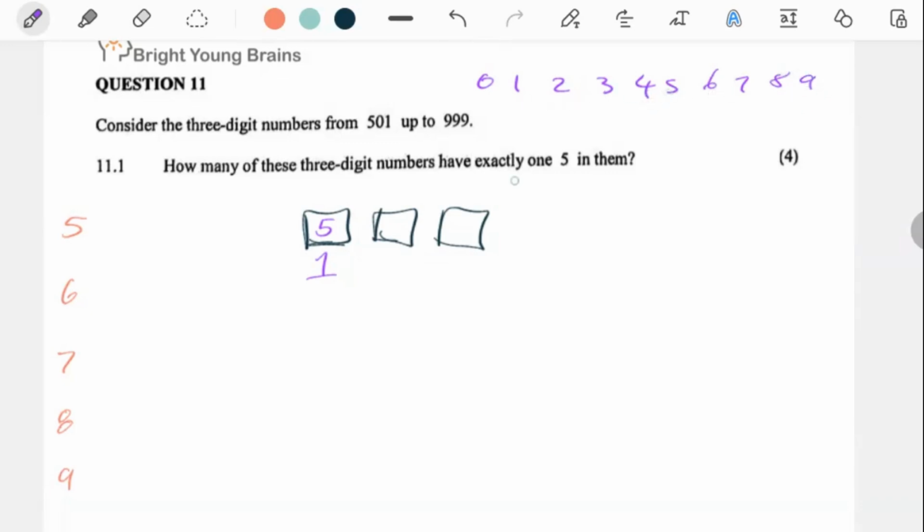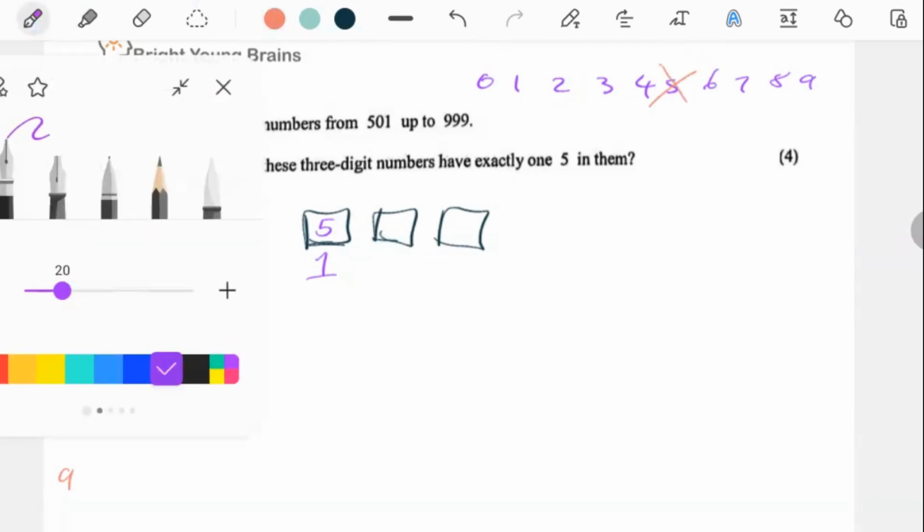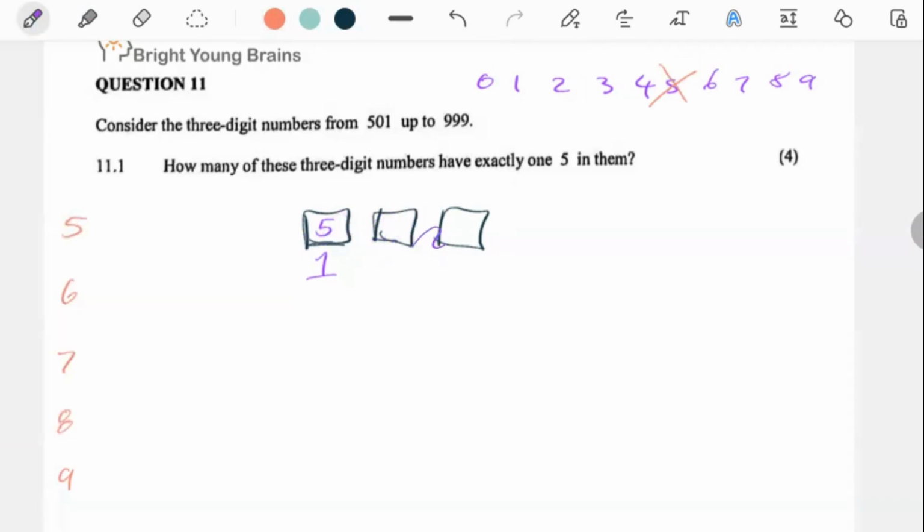But if we put a 5 here, it means that we cannot use a 5 anywhere else within this three-digit number. So the number of options we have here is only 9, and the number of options here is also only 9.